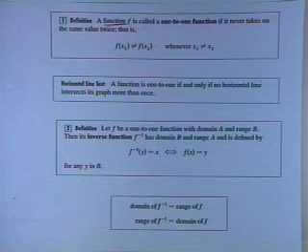Okay, this Definition 2 on this sheet says: let f be a one-to-one function with domain A and range B. So much like the picture that I had up here earlier, then its inverse function, get used to that. Are you used to that notation, by the way? f with a little superscripted -1. Don't ever think that means 1 over f, because it doesn't.